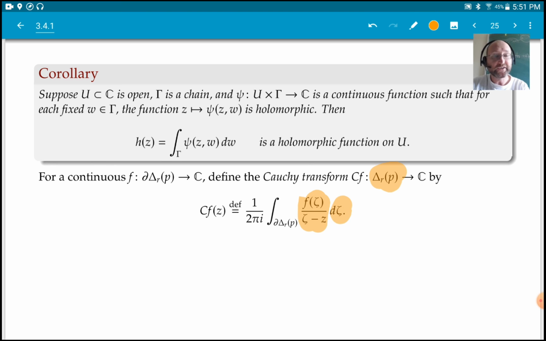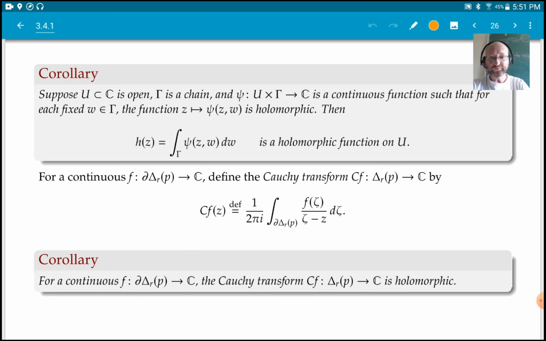That's the thing that I'm integrating against, so I'm only looking at it doing something on the path. So this is actually continuous because zeta minus Z is never zero, because Z is in the disk and zeta is on the boundary. So this thing does the right thing, and I get a function defined out of it.